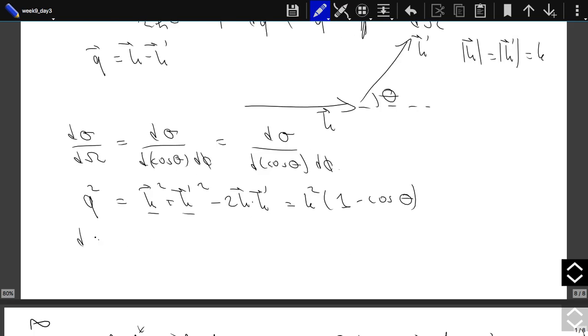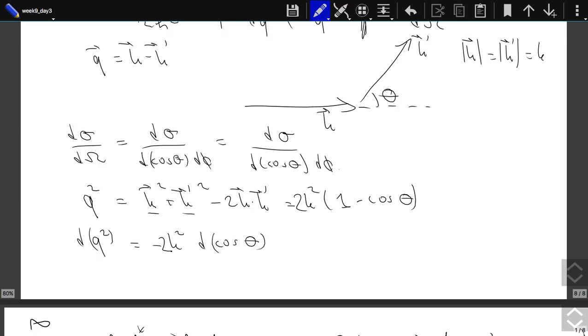So dq squared is equal to minus k squared d cosine theta, well, there's a factor of 2. The minus sign tells me that if q squared is increasing, cosine theta is decreasing.